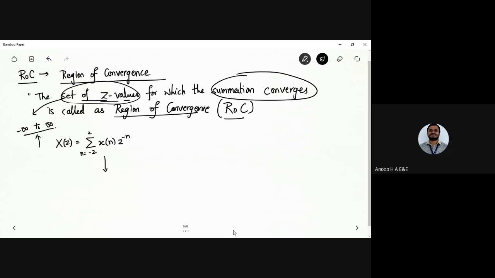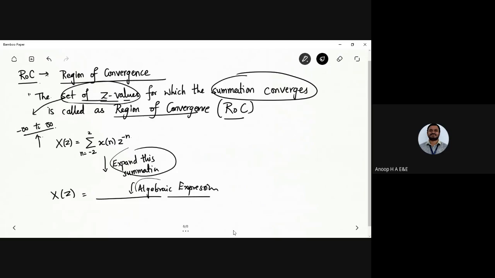If I want to expand this summation, you will get a value in terms of X of Z. That is the algebraic expression, entirely in terms of Z. So X of Z would be equal to the summation of x of n times Z power minus n.